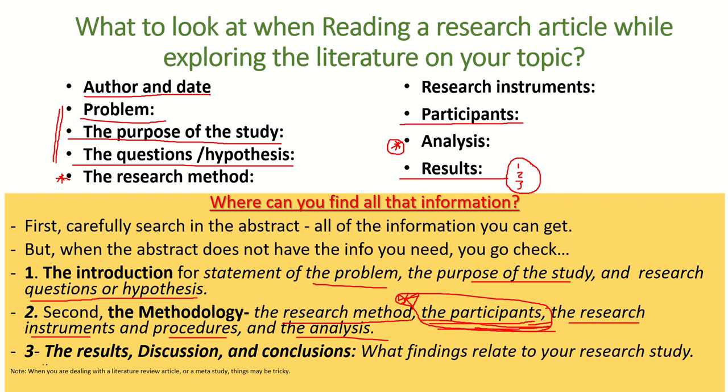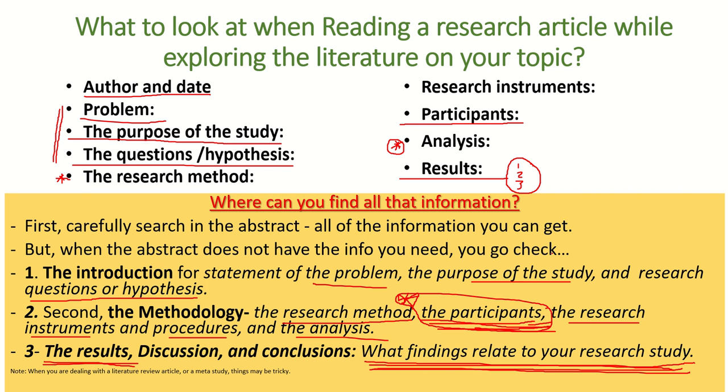As for the results, sometimes it happens that they write an abstract, but it's not a good abstract. They do not include the results, and you can go to the results, discussion and conclusions, and see what findings relate to your research study. And this is the most important for a basic exploration of the literature, because the thing that you are seeking is comparing articles and the findings they have made.